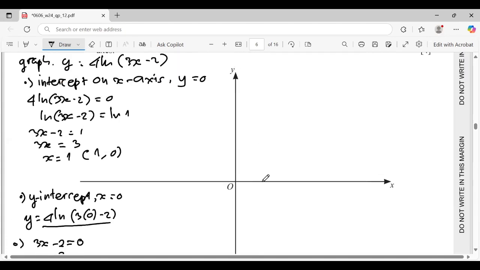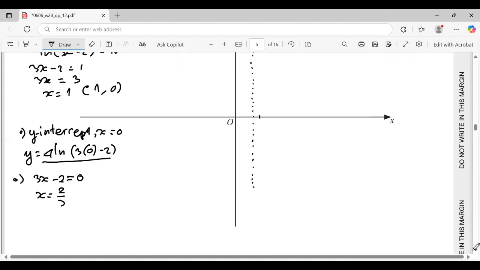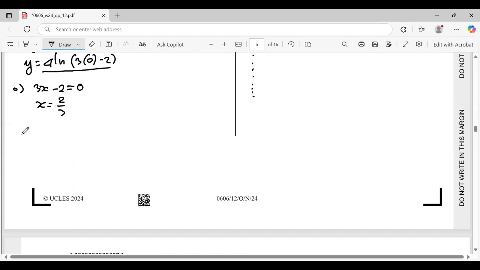Okay, 2/3 is around here. So this is the asymptote. Actually, this is a straight line.